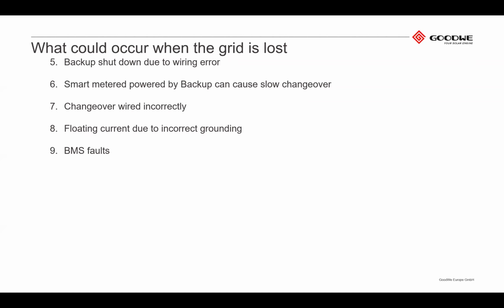And this very often can result in the backup not working. Especially on the high voltage. High voltage is fully reliant on communication. With a high voltage battery, if the battery doesn't communicate with the inverter, the battery shuts off. If the inverter can't communicate with the battery, the inverter will also not discharge from the battery.